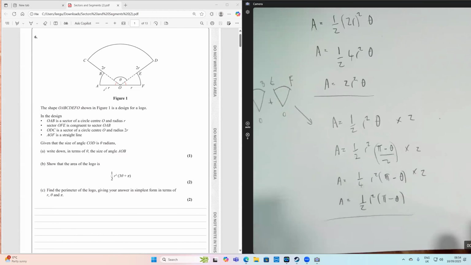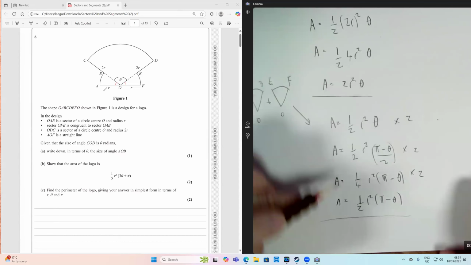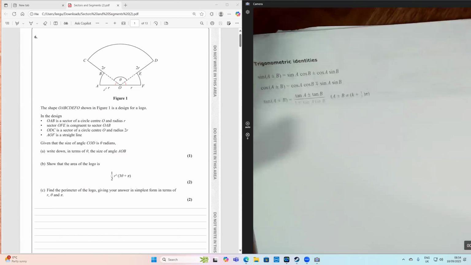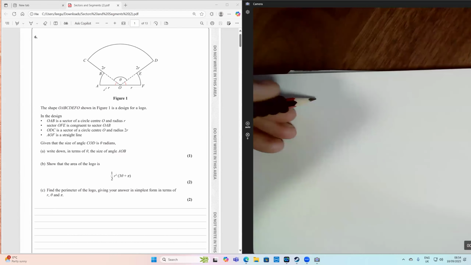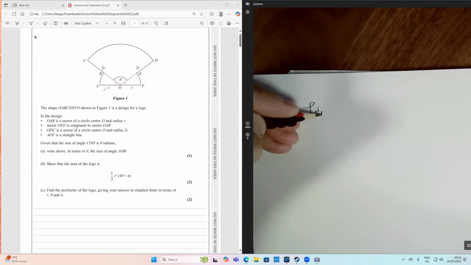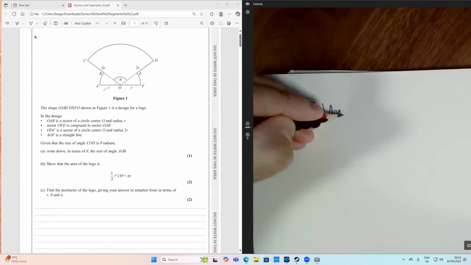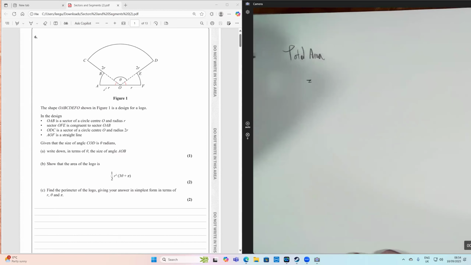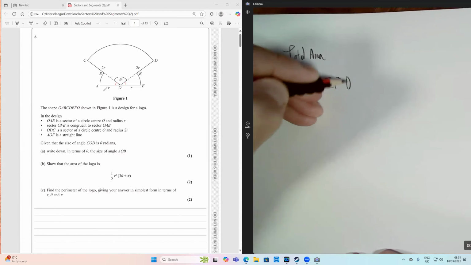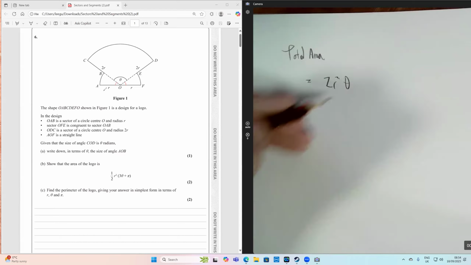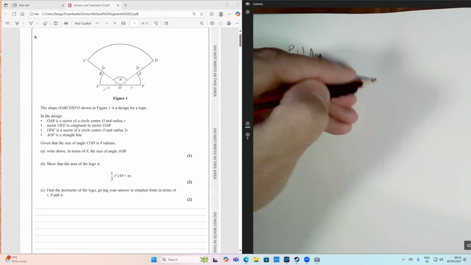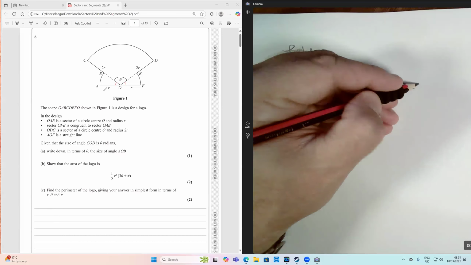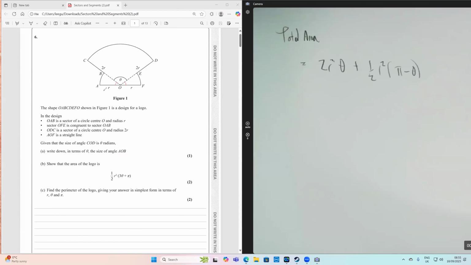So we can bring these 2 results together now to find our total area. When we add those 2 results together, our total area is going to equal the 2r squared theta that we found, and then we're going to add onto that the half r squared pi minus theta, like so.